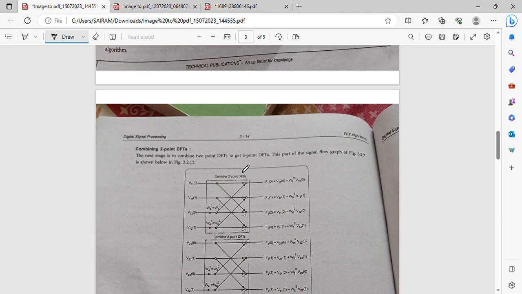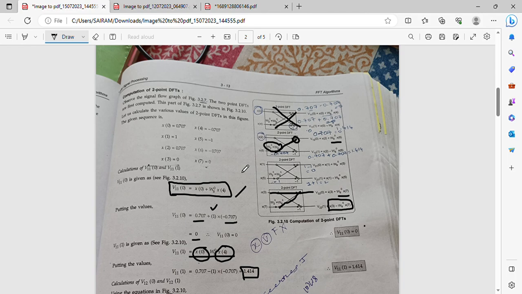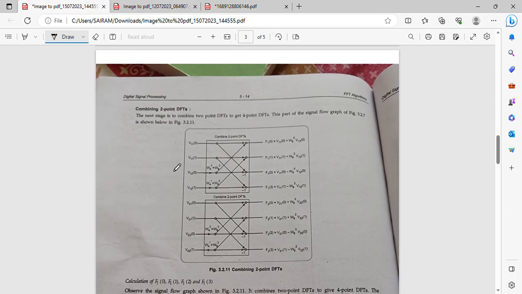You are supposed to combine x of 0, x of 4, x of 2 and x of 6. All this is supposed to be clubbed. So these 2-point DFTs are clubbed together to get one single 4-point DFT.